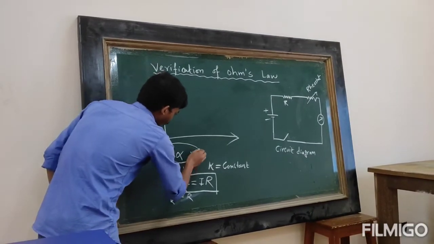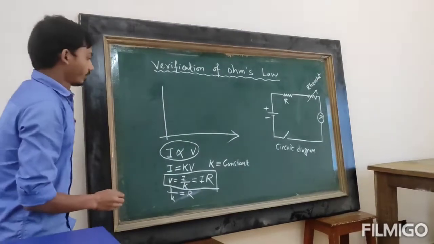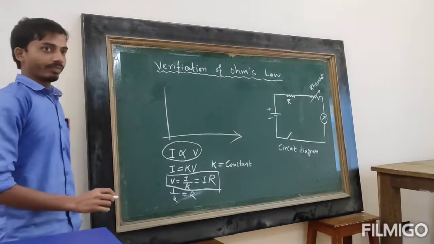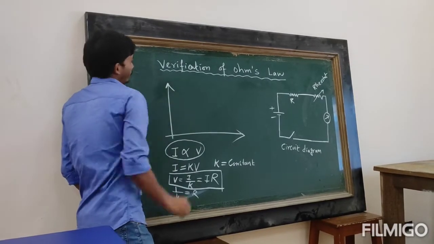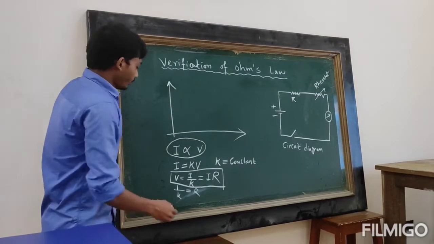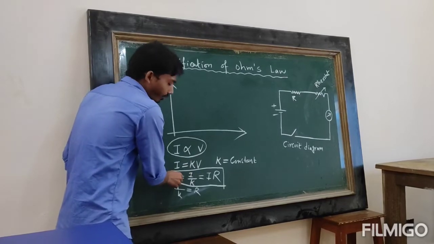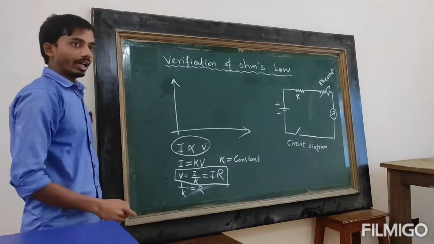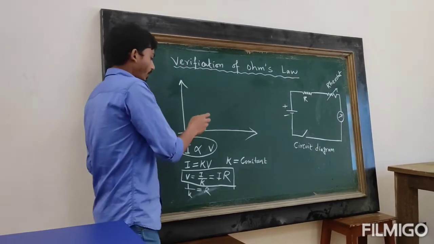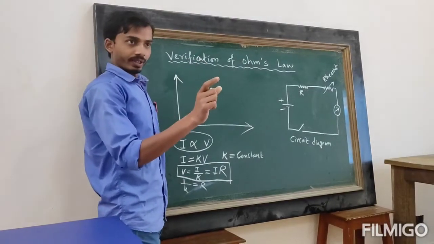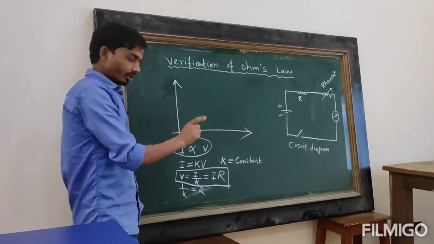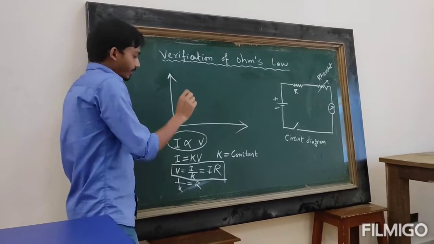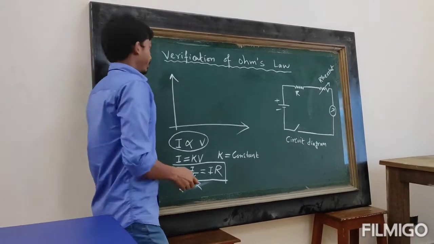I is proportional to V. It is not V is proportional to I. So what we have to do is apply some voltage and note the current, and plot a graph.